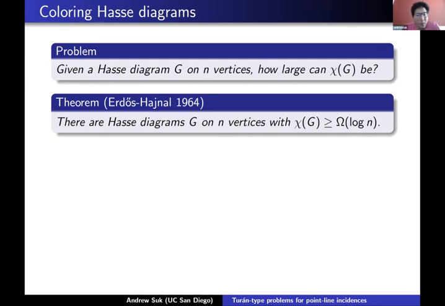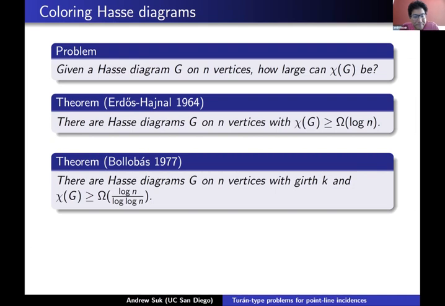And then later, Bollobás showed that Hasse diagrams have arbitrarily large girth and arbitrarily large chromatic number. So in particular, he showed that there are Hasse diagrams on n vertices with girth k, and here k is fixed, with chromatic number at least this quantity here.